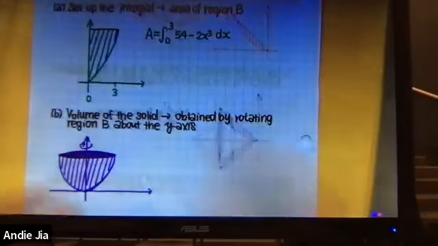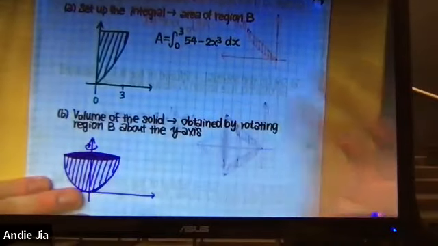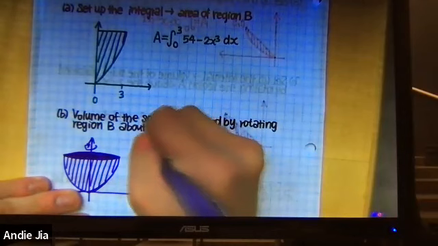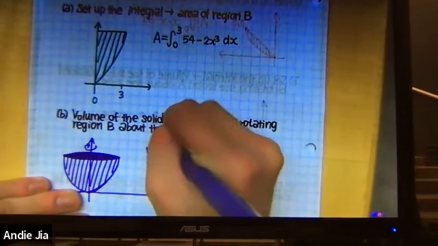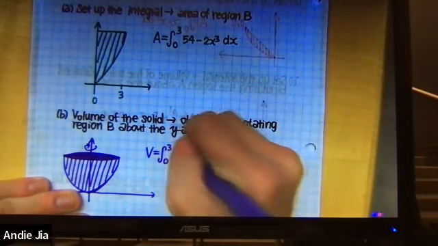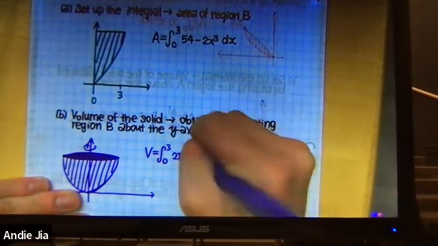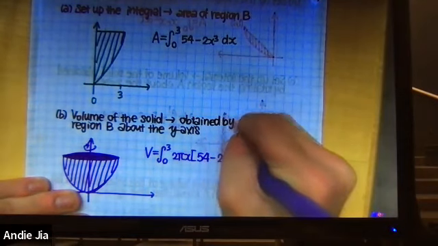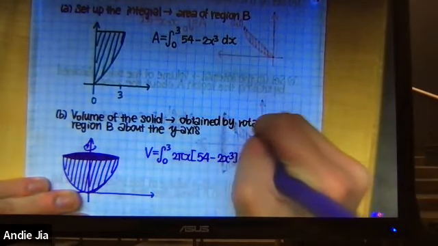The shell area is 2 pi x times f of x, dx. So the volume is the integral from 0 to 3 of 2 pi x times (54 minus 2x to the cubic) dx.